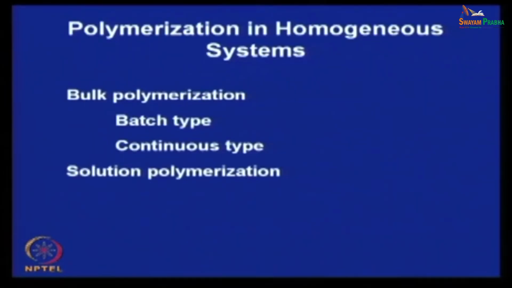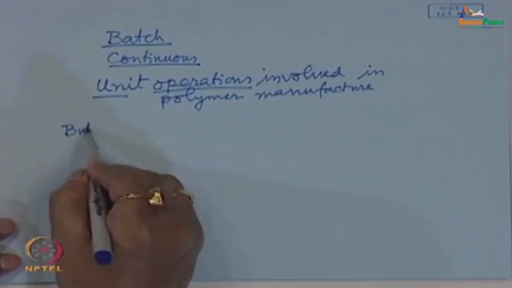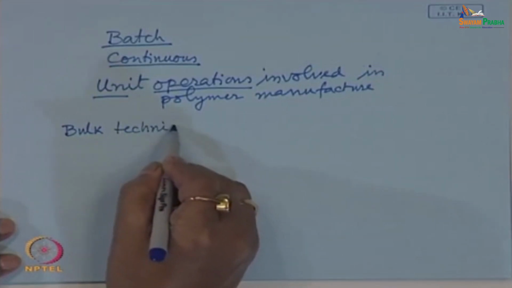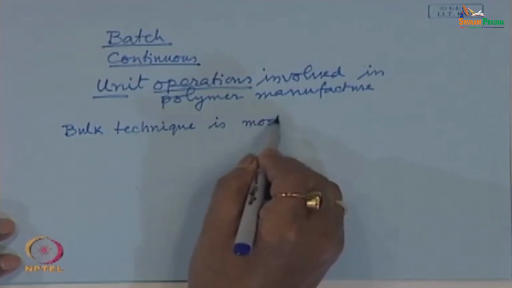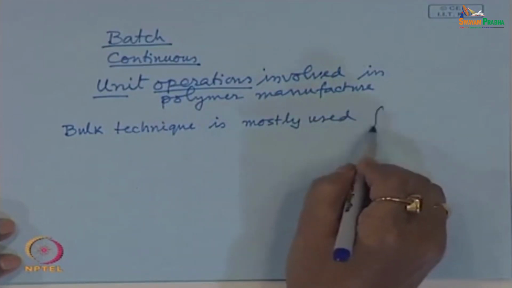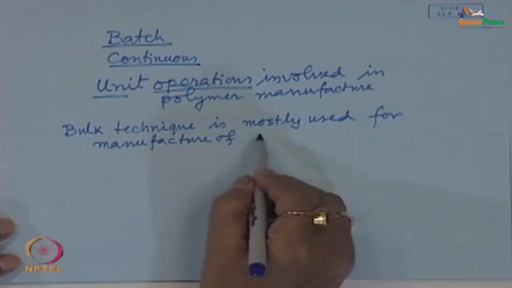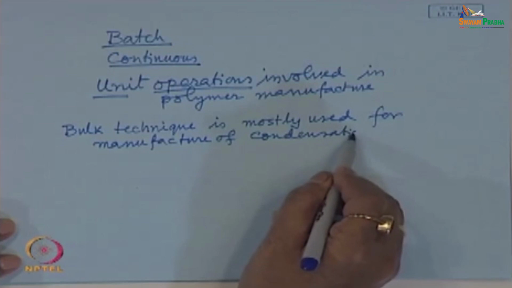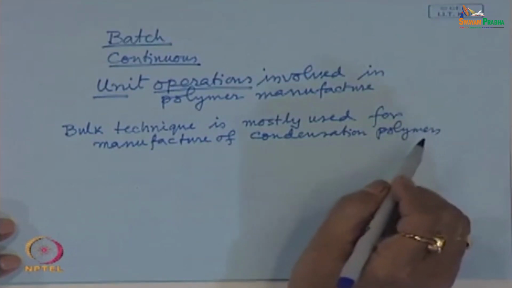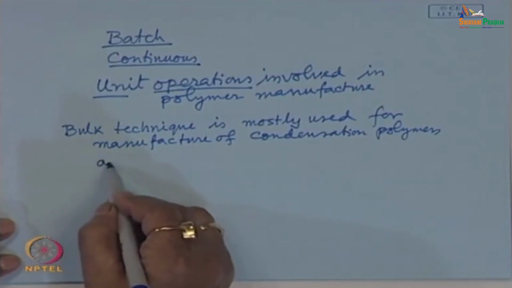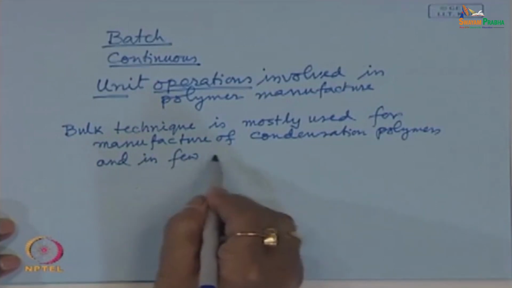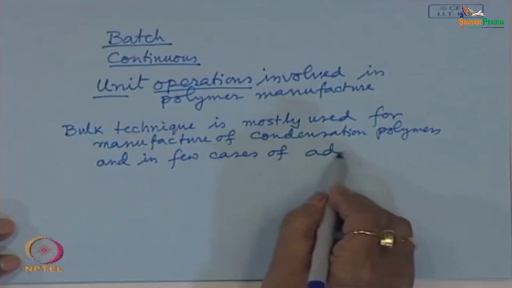Now, let us see what bulk polymerization is. Bulk polymerization is a technique mostly used for condensation polymers, and in a few cases of addition polymers.